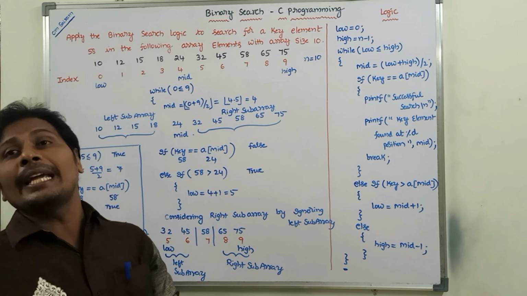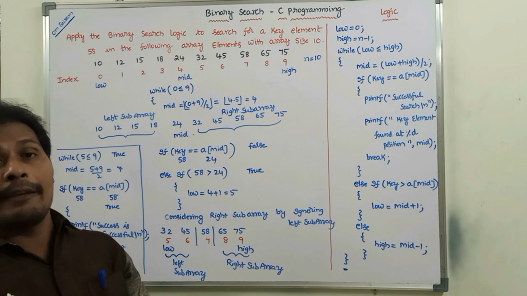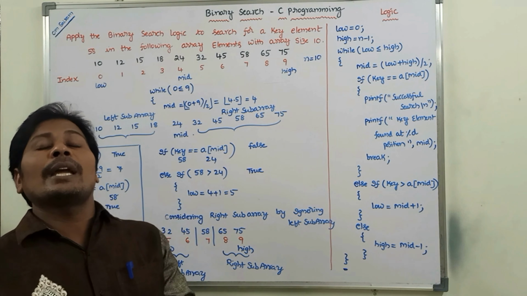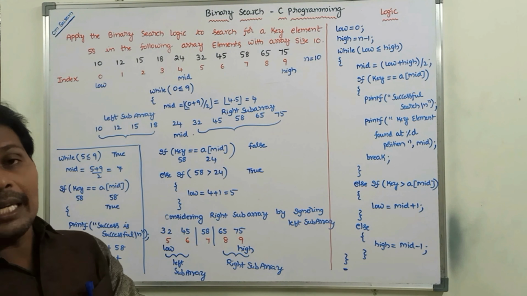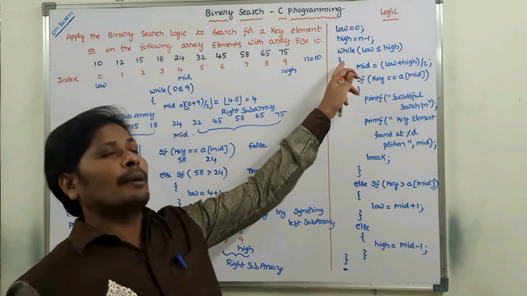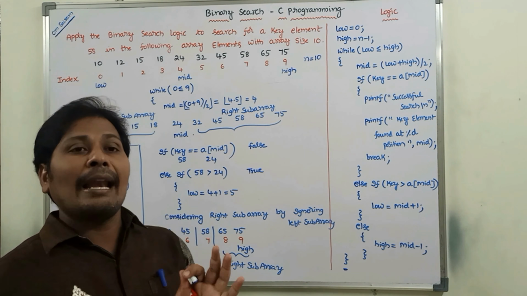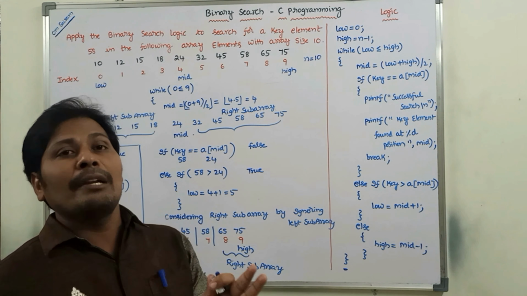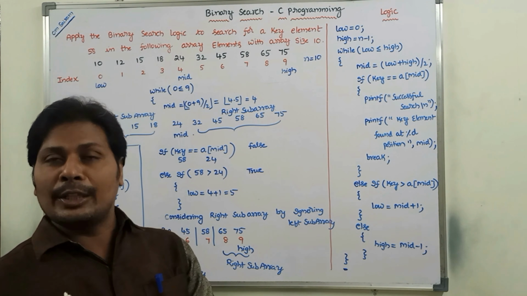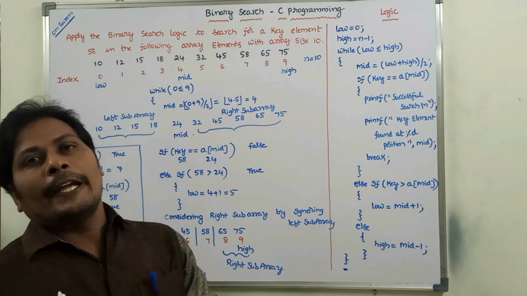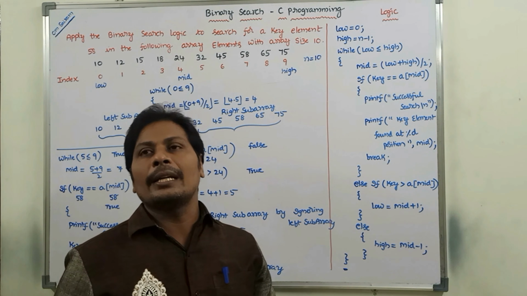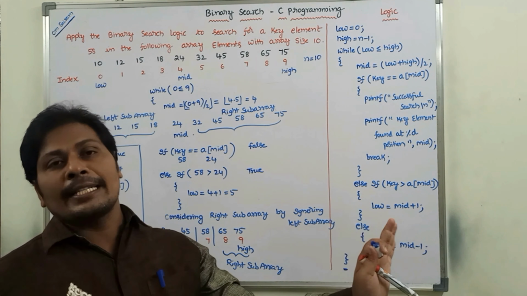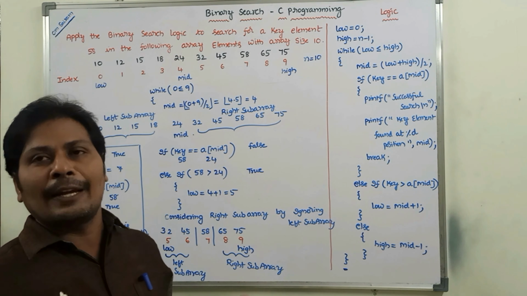Again, we newly calculate the low value and high value. Then again we check the condition low less than or equal to high. Then we calculate the mid value, which divides the given array into two sub arrays. If the key element is greater than the mid element, we consider the right sub array by ignoring the left sub array.